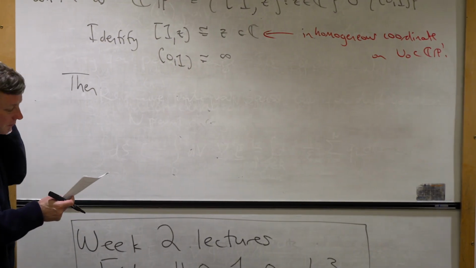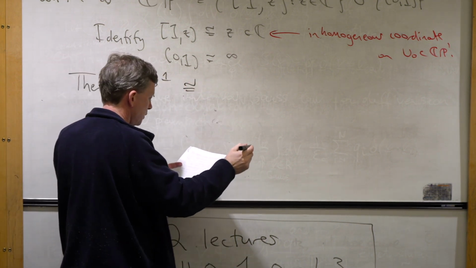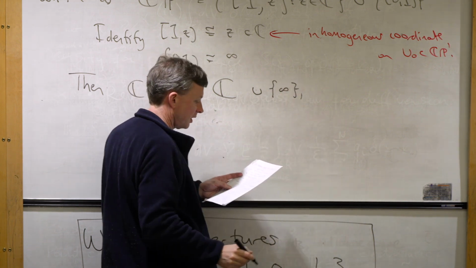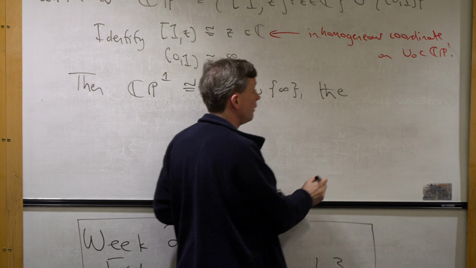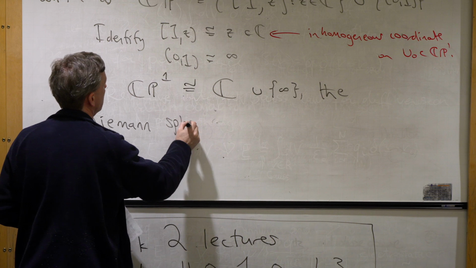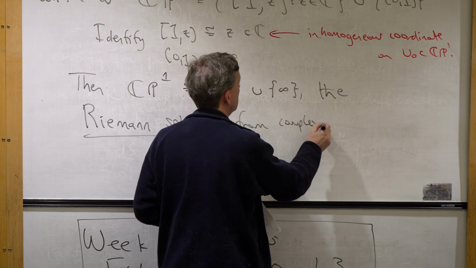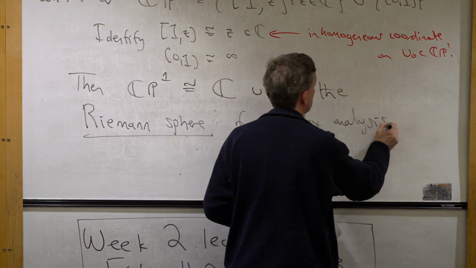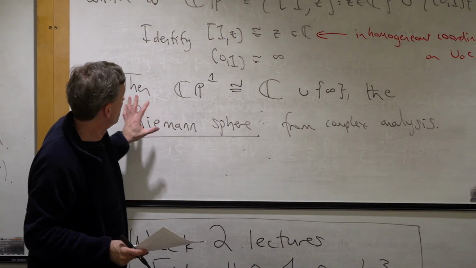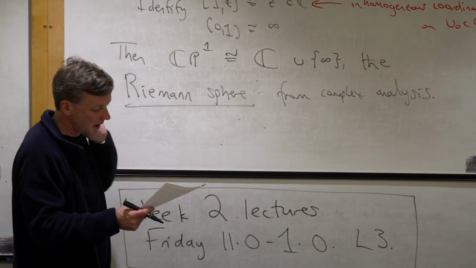So then, CP1 is identified with, or isomorphic to, the complex numbers together with the point infinity, which is known as the Riemann sphere from complex analysis. So it's a one-point compactification of the complex numbers, and meromorphic functions, which are holomorphic functions allowed to take the value of infinity, map to here.